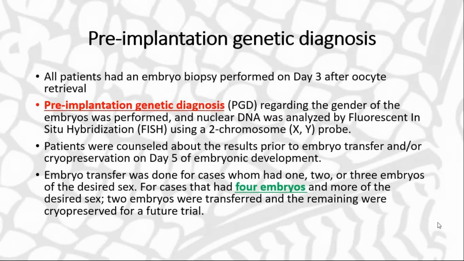Cases who had male embryos, 1 male, 2 male or 3 male embryos, we transferred fresh male embryos. For cases that had 4 embryos or more, we transferred 2 embryos only, and the resulting embryos were cryopreserved for future trials. Next.